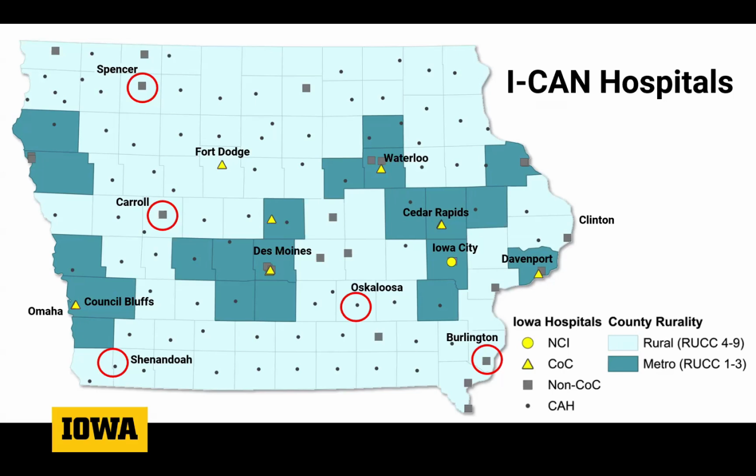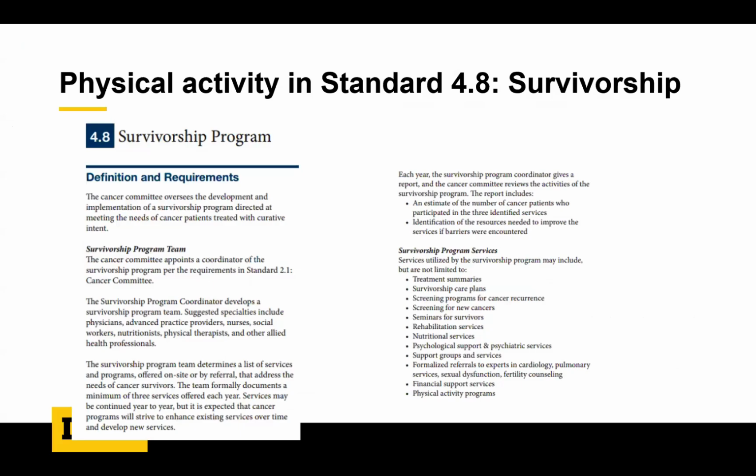Now, I've talked about the Commission on Cancer standards. One of the reasons why the discussion and the query about exercise and physical activity is important is the COC accreditation, because physical activity falls underneath standard 4.8 for a survivorship program. So in order for hospitals to receive COC accreditation, they have to have an established survivorship program.